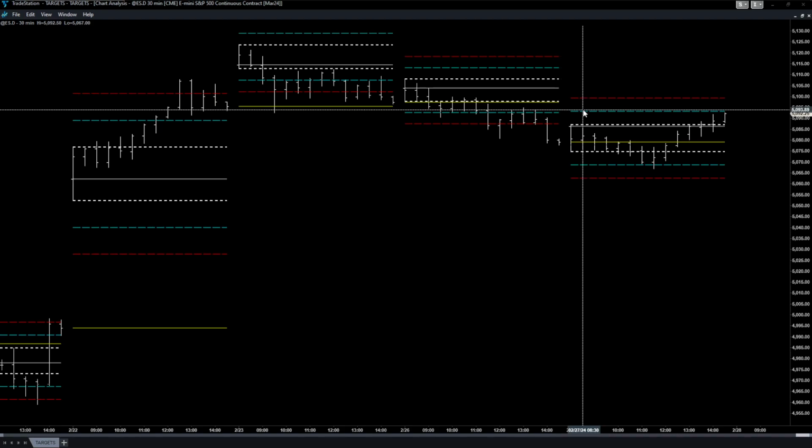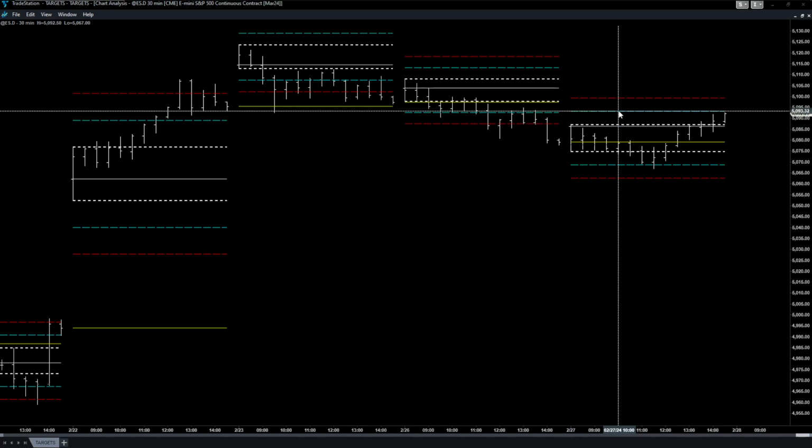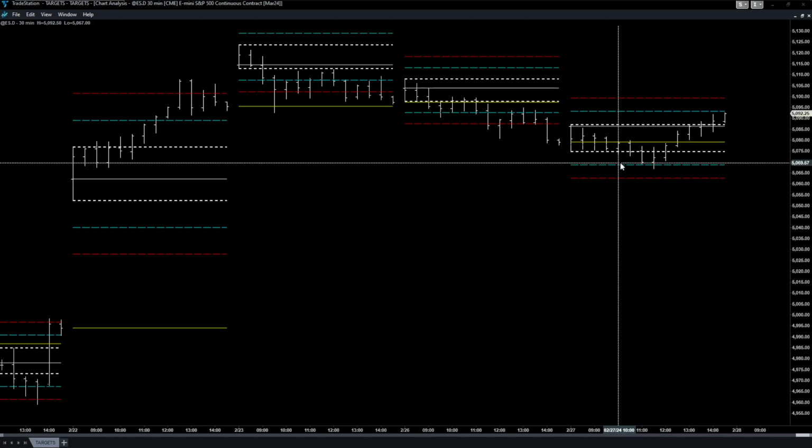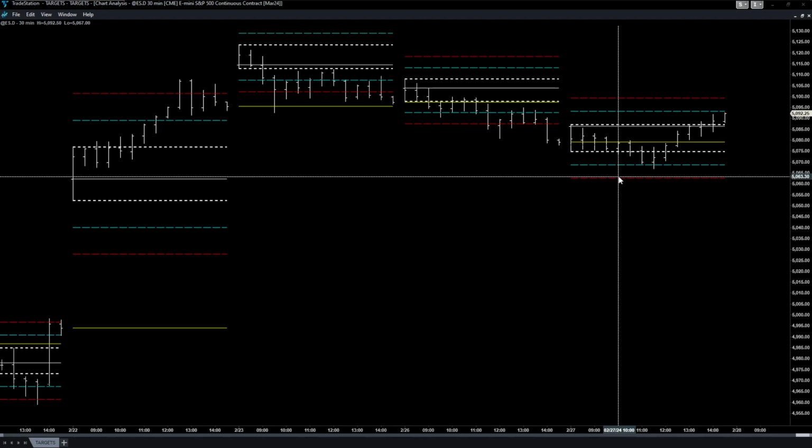So one standard deviation above today puts us here. 2 standard deviations puts us here. 1 standard deviation below puts us here. 2 standard deviations below puts us there.